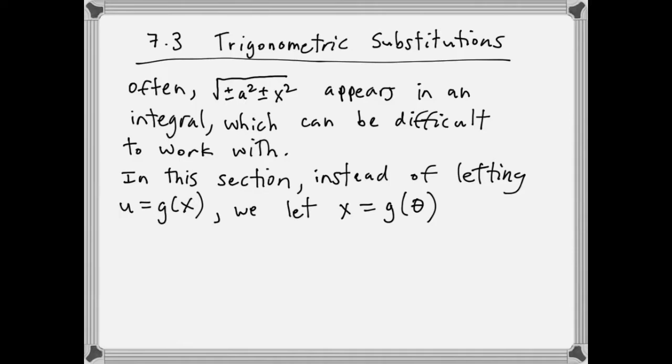Now, this is different. What we're actually saying is, instead of calling some new variable a function that we see, we're taking our old variable and turning it into a function. This is just as legal as what we were doing before. So this is effectively just a substitution.